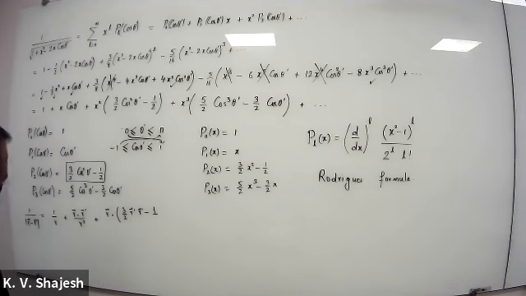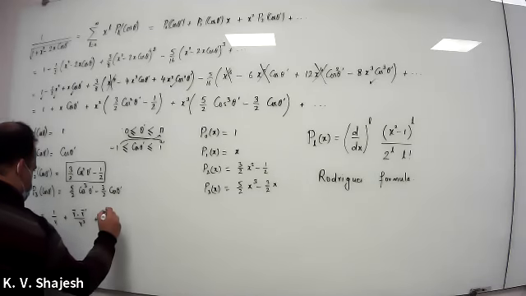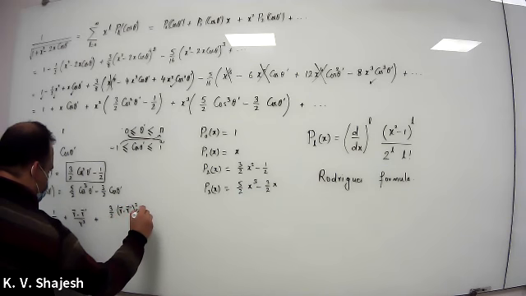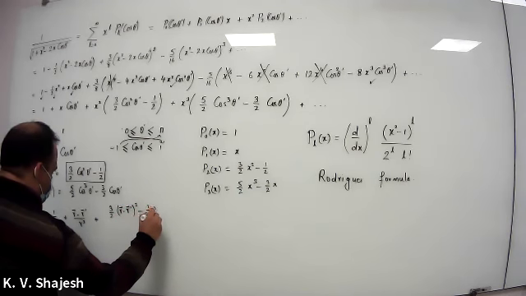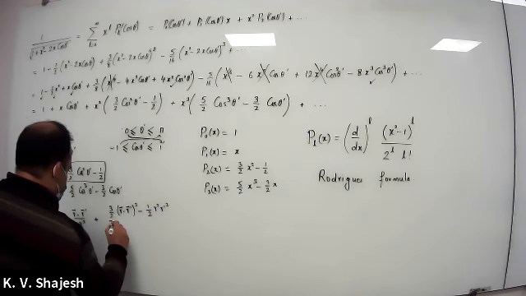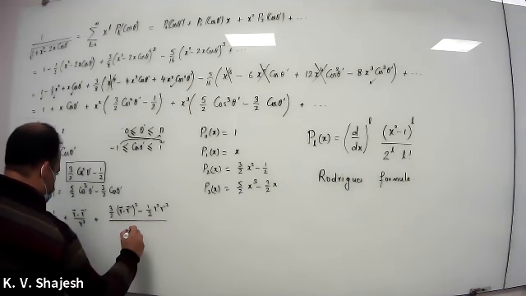Actually, let me expand this. This can be written as 3 by 2 (r dotted with r prime) squared minus 1 by 2 times r squared times r prime squared, divided by r to the fifth.